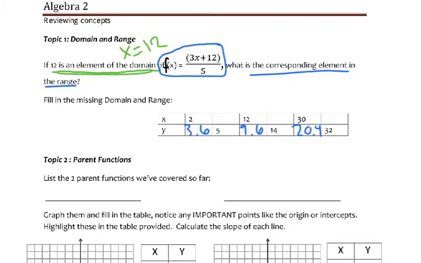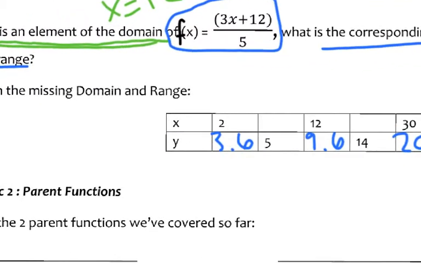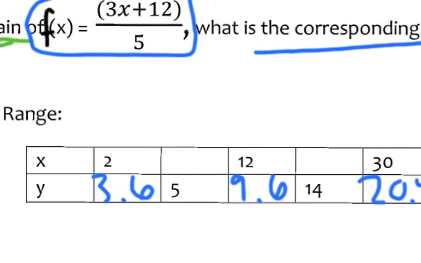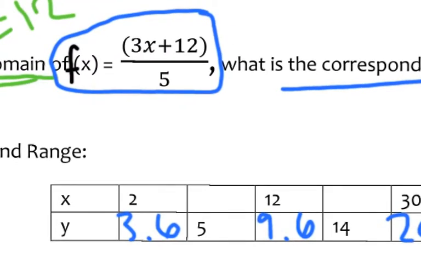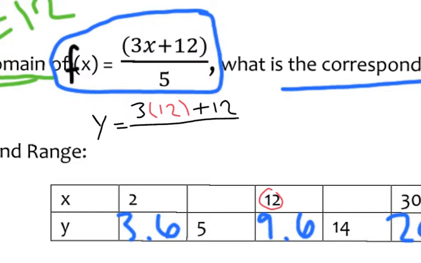Another way to do it is by plugging in x into the function, and whatever comes out is y. So let's do that for 12 so you can see what I'm talking about. So if y equals 3 times 12 plus 12 all over 5.